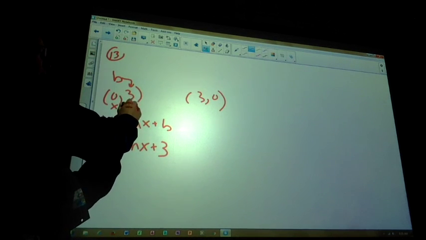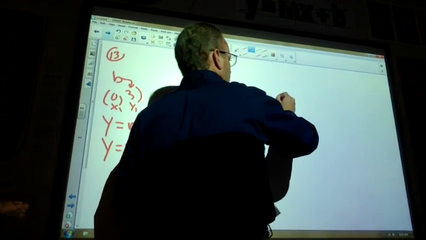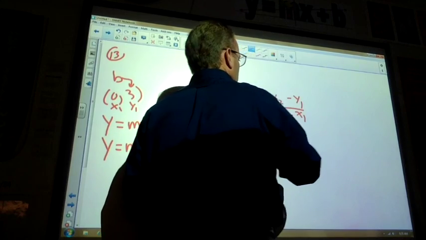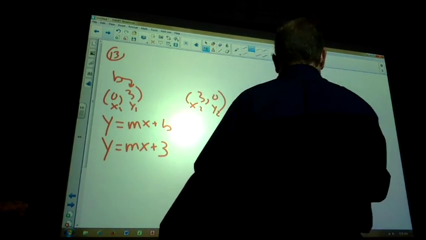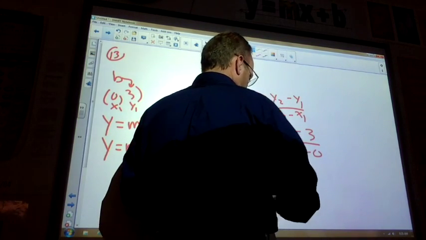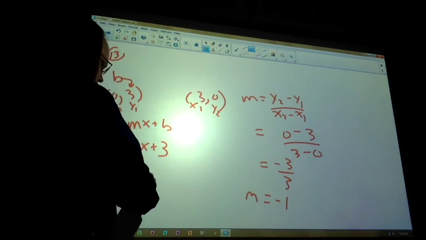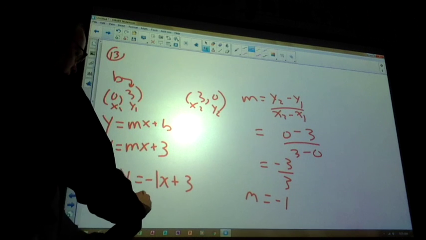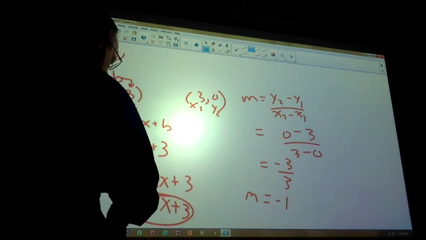So I get x1, y1, x2, y2. So I'm going to get 0 minus 3 over 3 minus 0, -3 over 3. -1 is our slope. So let's plug that in there, which is the same thing as this. Your choice which one you want to have as an answer.